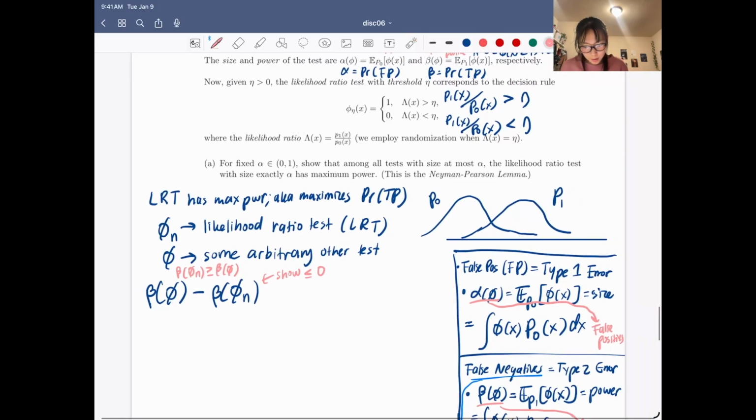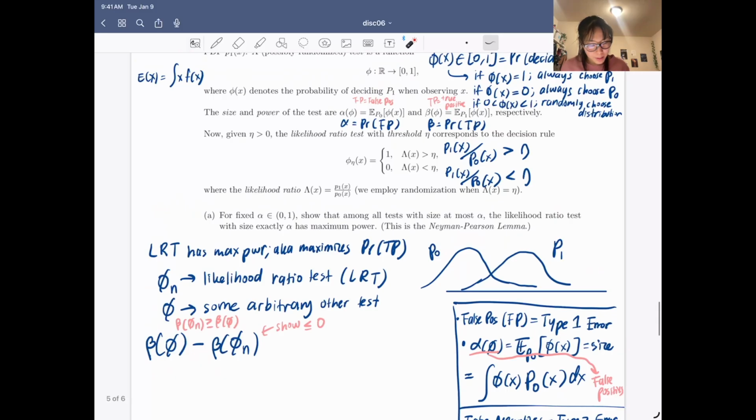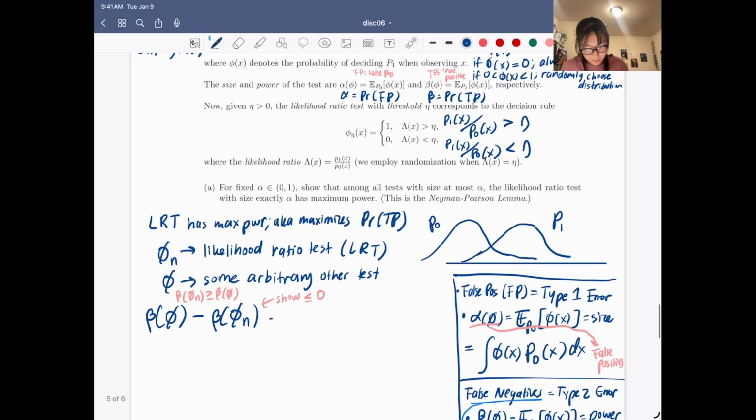And so I'm going to start by replacing this power, this beta, with the expectation definition. So this is equal to the expectation of P1 of phi of x minus the expectation of P1 of phi n of x.